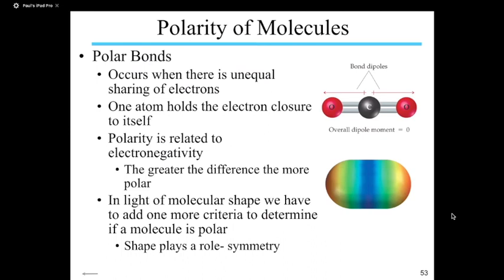Every bond has to be pulling at the same strength in all three directions. That means this atom and this atom all have to be the same. If they're all pulling at the same strength on all three sides, it is nonpolar. Polar bonds, nonpolar molecule.